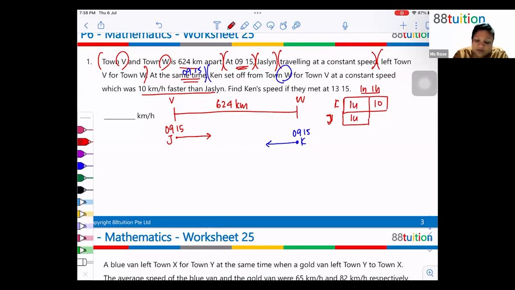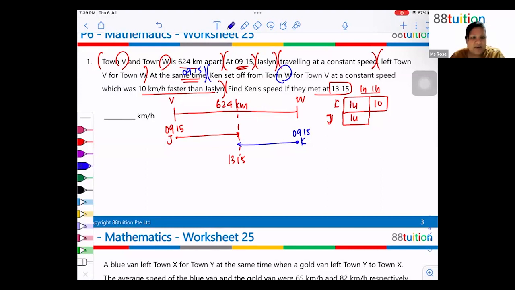Now, find Ken's speed if they meet at 1:15 p.m., or 13:15. What happens is that they meet.